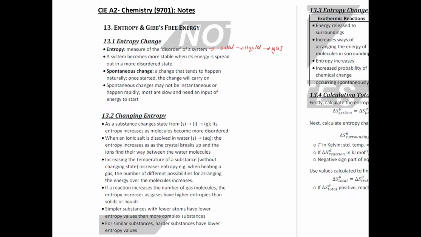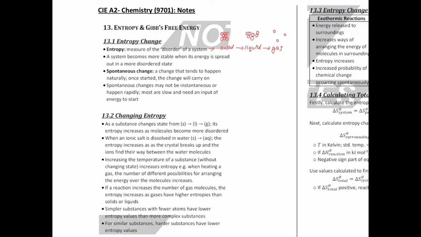This is very basic. Let's look at the disorder of the particles. Solid is basically arranged in order. Liquid is a little bit separated, some still linked together and some separated. Gas is totally separated, further apart.